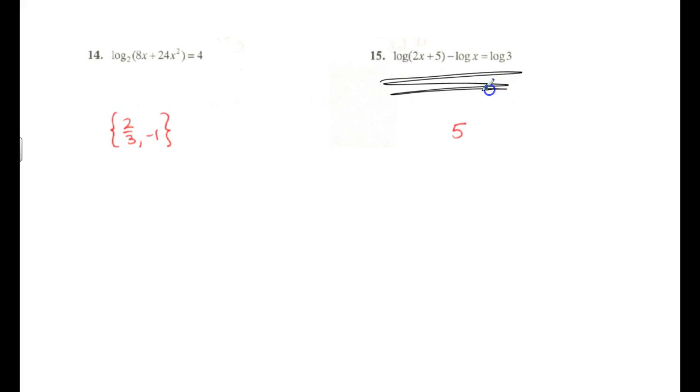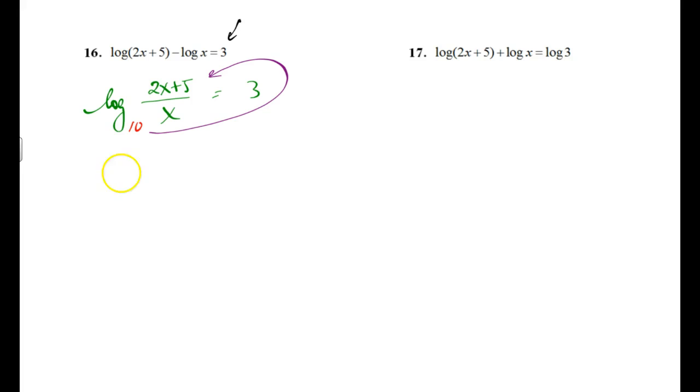Now look at number 15. I'm going to change it just slightly by taking the word log off of the right side, but it drastically changes the outcome of the answer. Because this time I can't use my 1-to-1 property. I have to use, oh yeah, this is a base 10, even though I didn't write it, and I'm going to use the definition by fishhooking this to be 10 cubed equals 2x plus 5 over x.